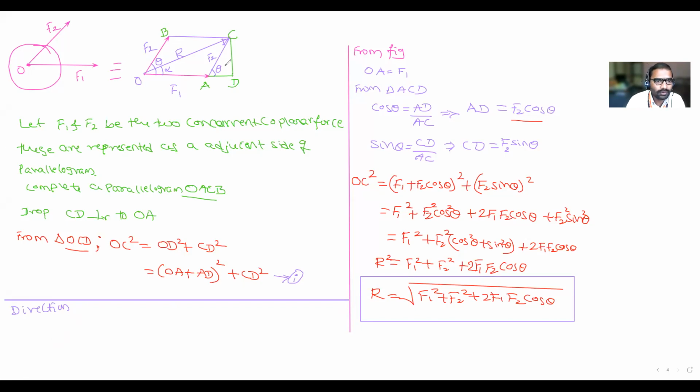What is tan alpha from the triangle OCD? Tan alpha is CD upon OD, correct?